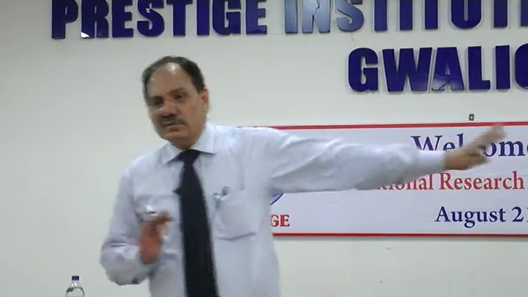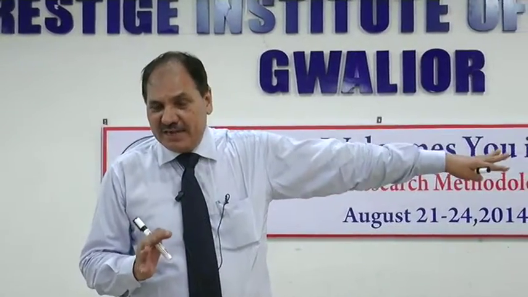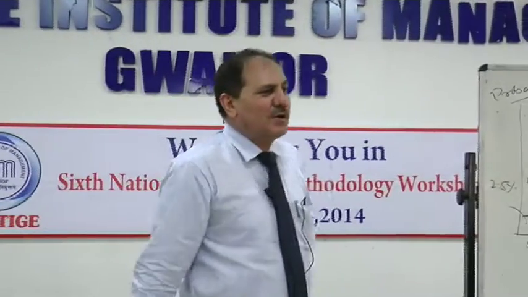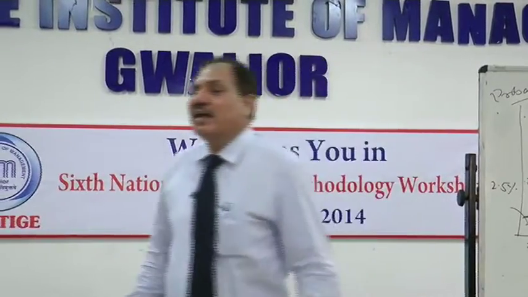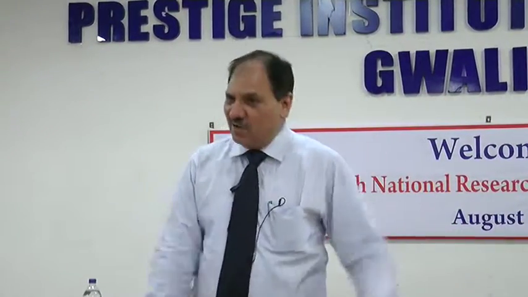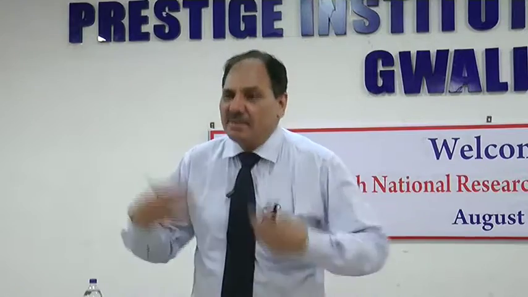Okay? So, I just wanted to tell you why so many of us actually use 5% level of significance, and we don't try to minimize type 1 error and go to 1% level of significance, or use 10% level of significance, the other way around.